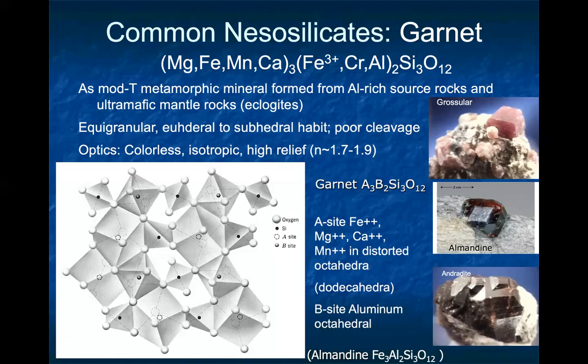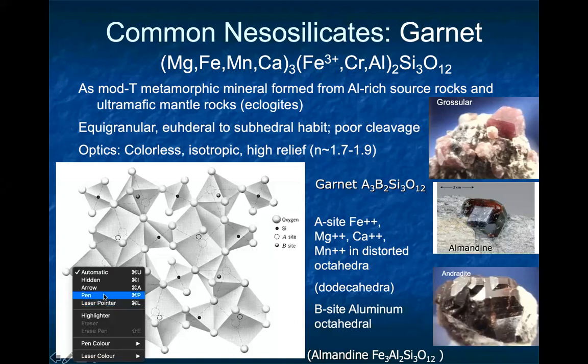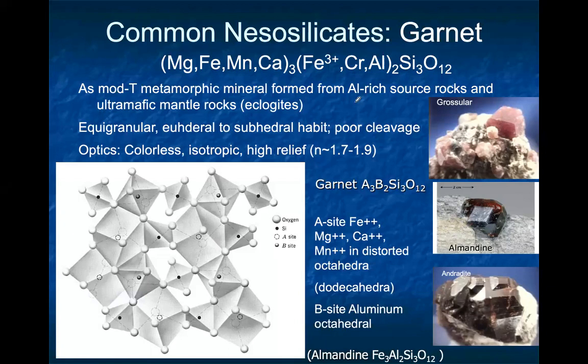This is a moderate to high temperature mineral, but mainly garnet needs some aluminium-rich compositions in the protolith, in the rock. In the parent material you must have a lot of aluminium. So therefore we consider aluminium-rich sources, that means sediments or aluminium-rich components.